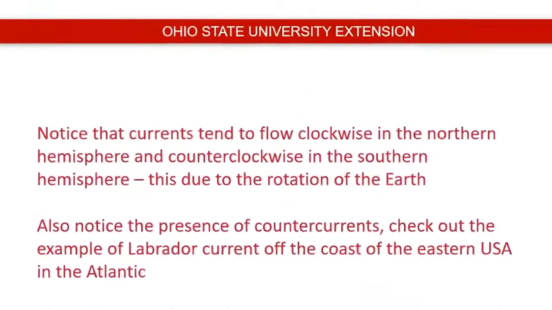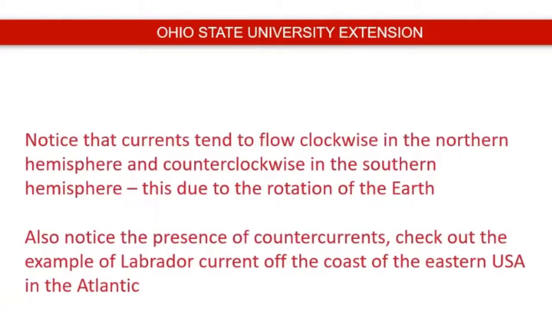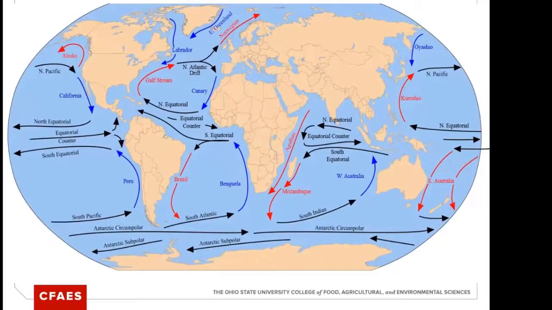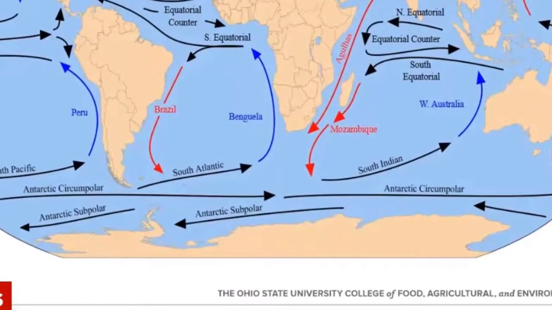So currents tend to go clockwise in the northern hemisphere. We've gone over this, counterclockwise in the southern. We have countercurrents. I did want to talk about the south circumpolar current. If you look at the currents around Antarctica, because it is an island continent, you don't have that equivalent in the northern hemisphere.